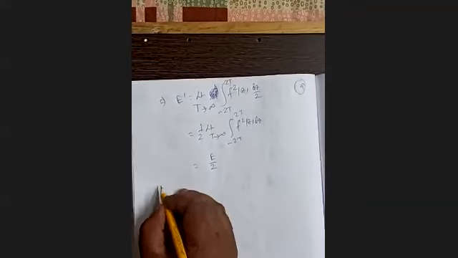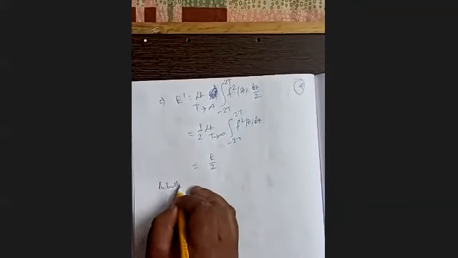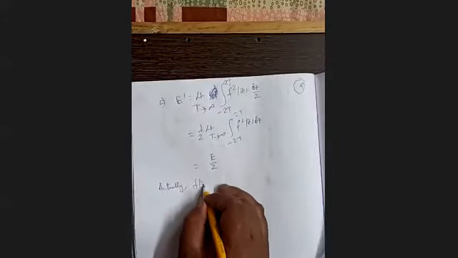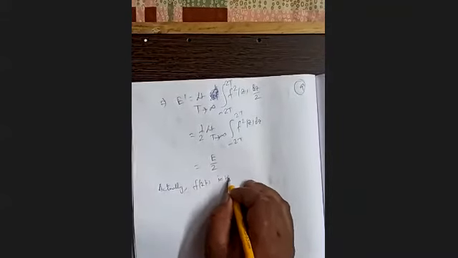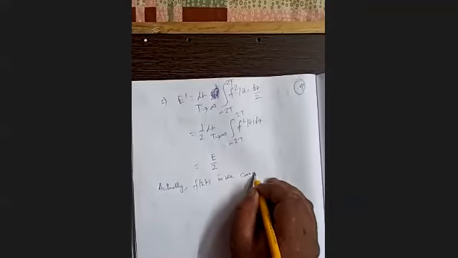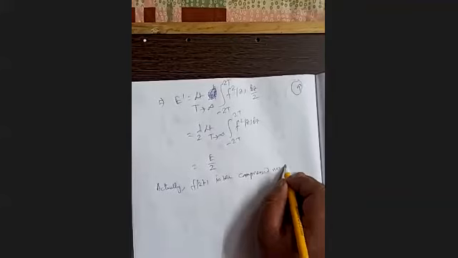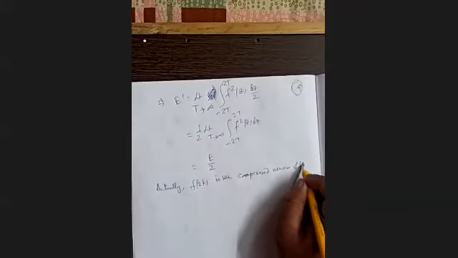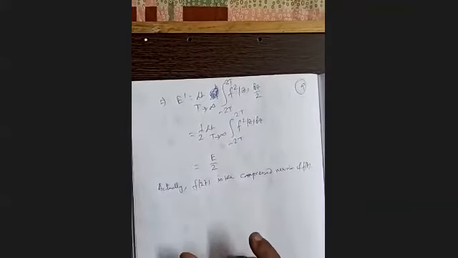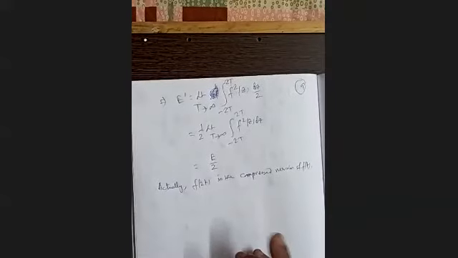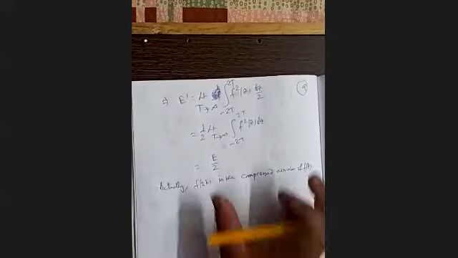Actually, our f(2t) is the compressed version of f(t). It is time scaled. So when it is compressed by a factor of 2, its width is reduced by 2.